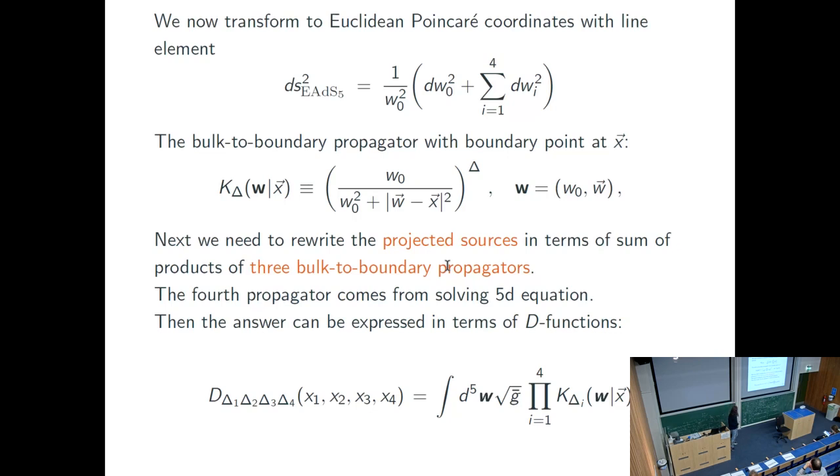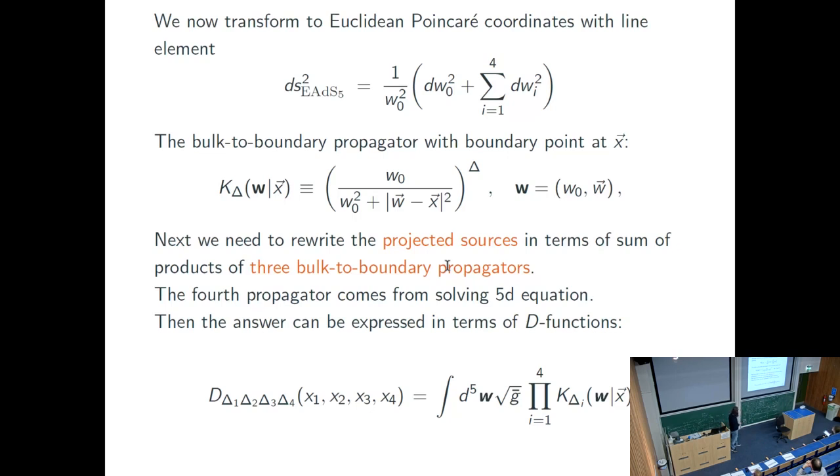And if we manage to rewrite our projected sources in terms of the product of 3 bulk-to-boundary propagators, then we can get the 4th propagator simply by inverting the box on AdS5, and that will give us the 4th bulk-to-boundary propagator. Therefore, the whole solution will be expressed in terms of D functions, which are given here. So it's easy to say, but not so easy to do.